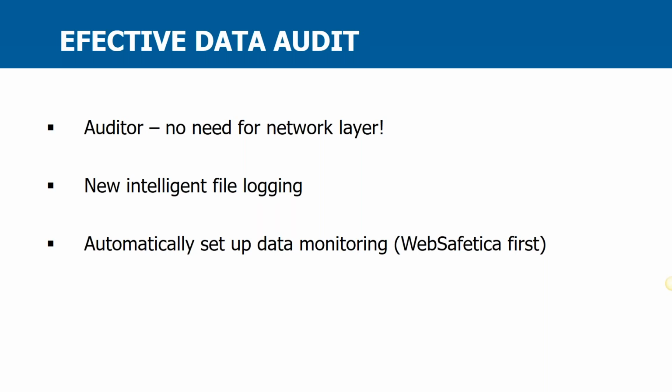For that file logging, we are using a very specific definition for interesting paths and extensions. We have rules inside our program which distinguish which files are being logged, and I think that it's very, very interesting. And this new logic was applied for Auditor files.